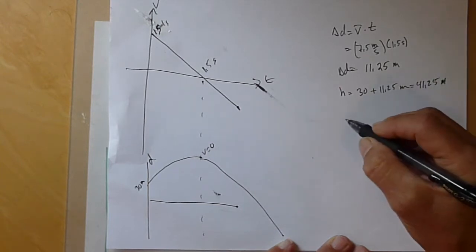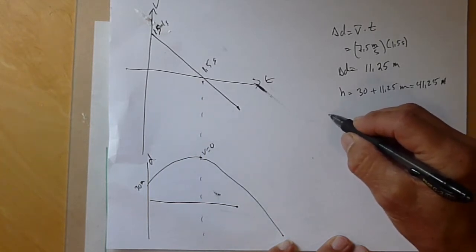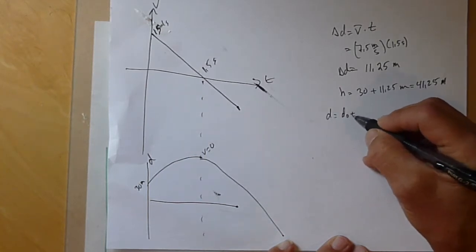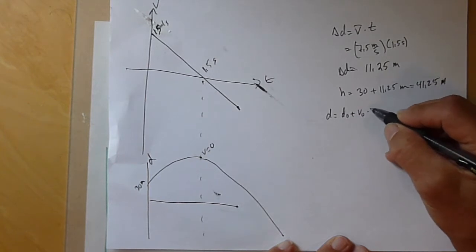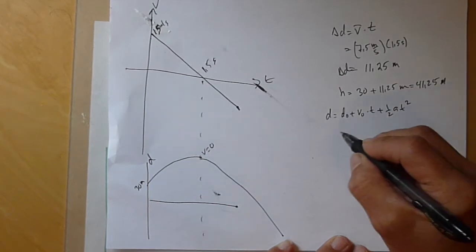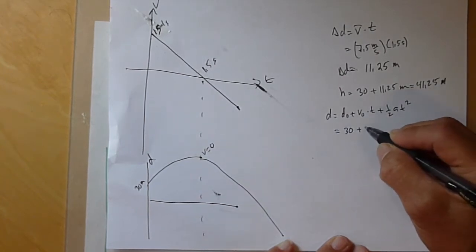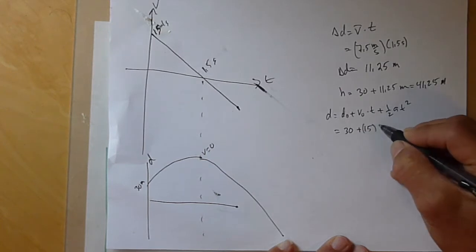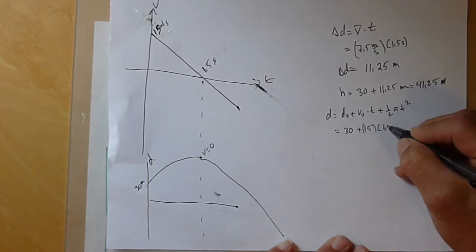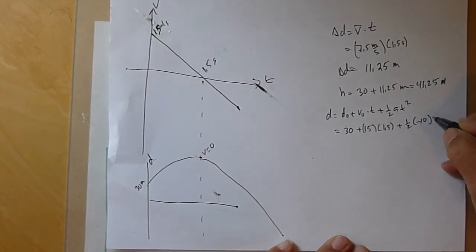I could get the same answer, but it'd be a little bit more difficult, by saying distance is d0 plus v0 t plus 1/2 a t squared, and I could say initial position is 30 plus an initial velocity of 15 times 1.5 seconds plus 1/2 times minus 10 times 1.5 quantity squared.